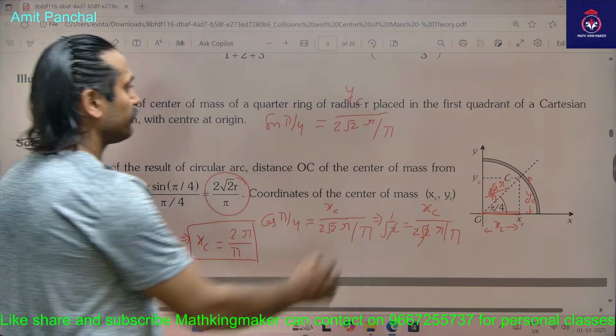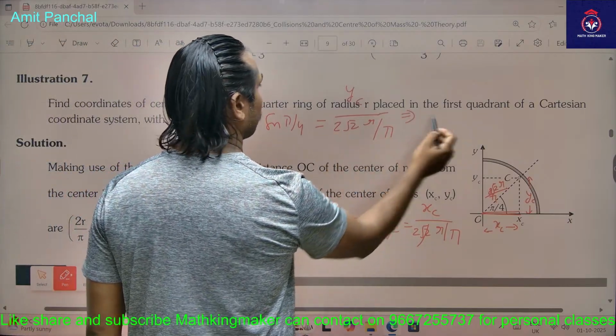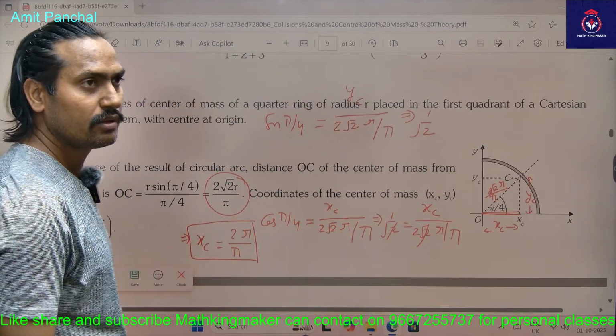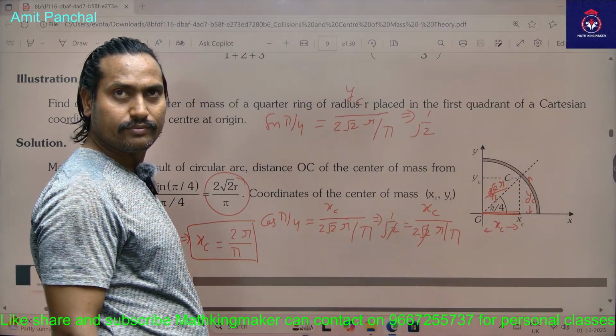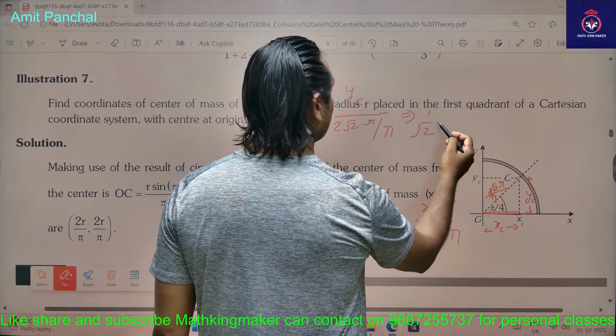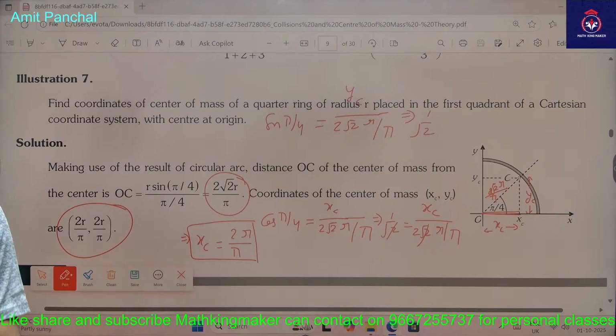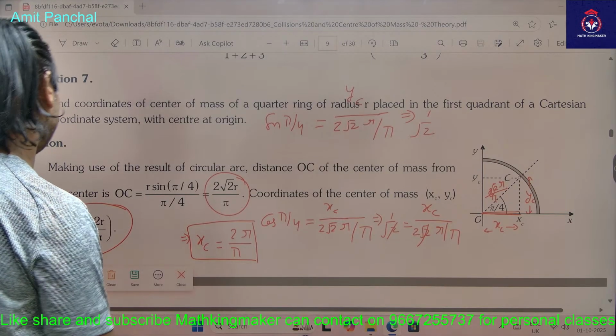Just put the value of sine pi by 4, so that will also be the same. So 2r by pi will be the value of YC.